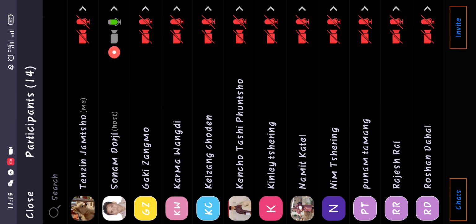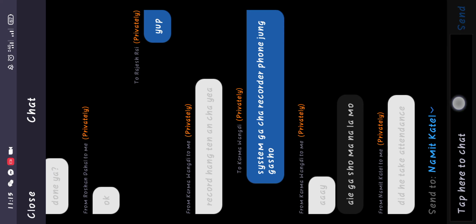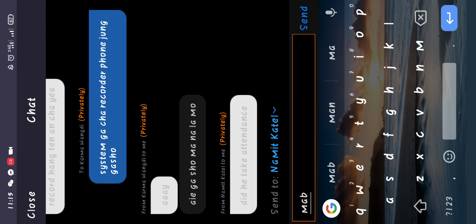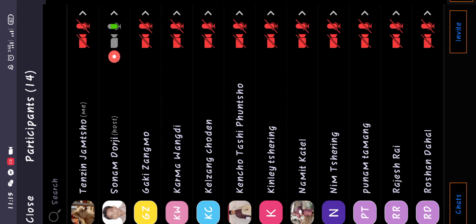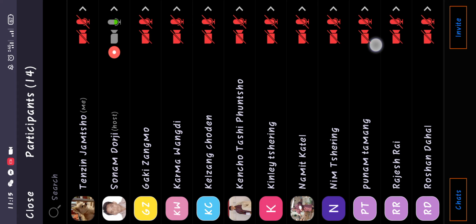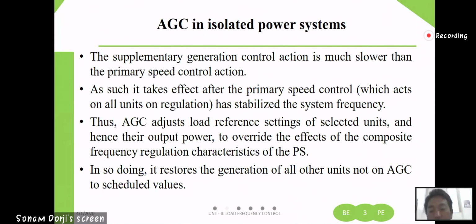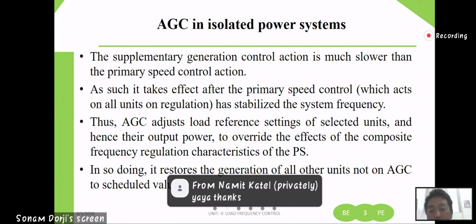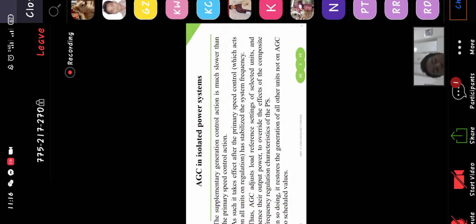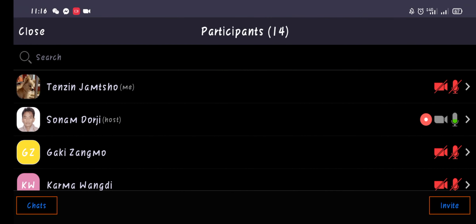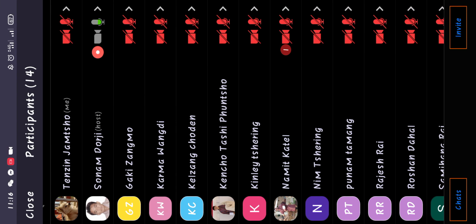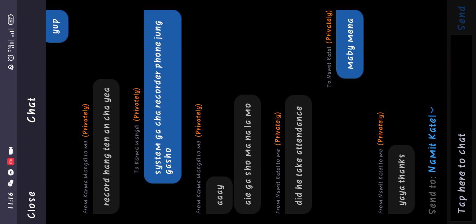In doing so, it will restore the generation of all other units, even those not on AGC, to the scheduled values, which means the frequency will be 50 hertz.